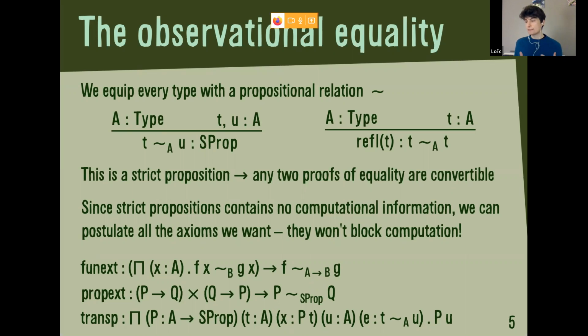Note that in most formulations of observational type theory, including the original one by Altenkirch et al., these principles are usually not taken as mere implications, but as definitions. The observational equality between two functions would be definitionally equal to the statement of function extensionality. However, in our framework, we found that requiring only implications is more elegant and generalizes more readily to the inductive types. And really, it's a bit of a trade-off.